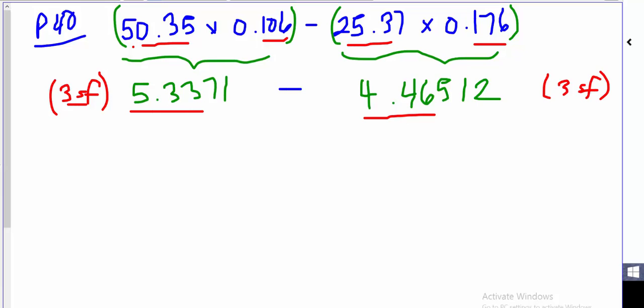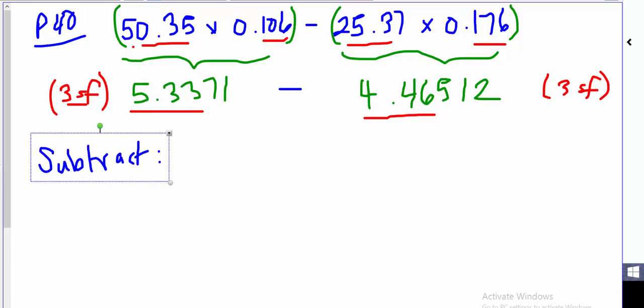So the last thing I have to do is a subtraction now. Okay, so I've got 5.3371 subtract 4.46512. We can go ahead and do that subtraction. It's going to come out to 0.87192.